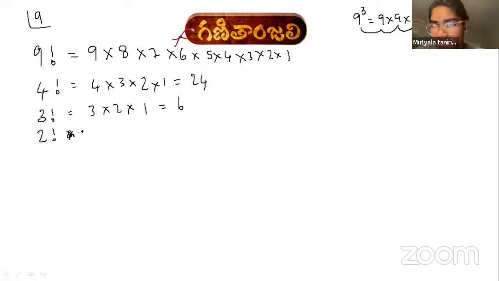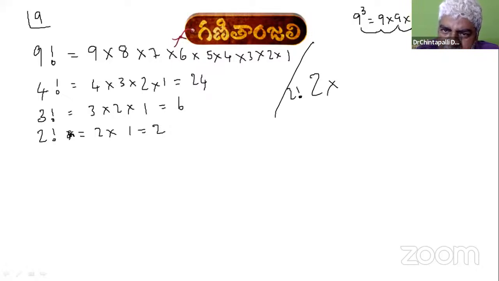2 times 1. It is equal to 2, sir. What is the meaning of 2 factorial? 2 factorial means multiplying 2 with its precedent, not successor. Its previous number.